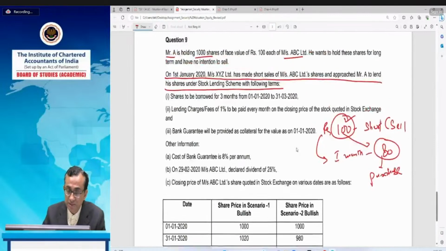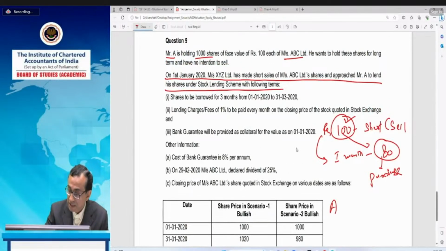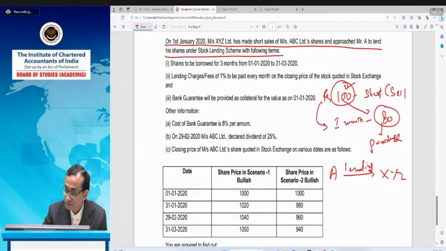For example, in this case, A is lending to XYZ at rupees 1000.